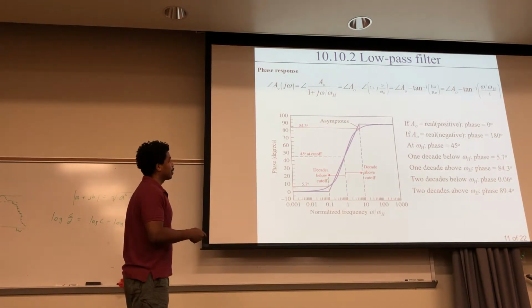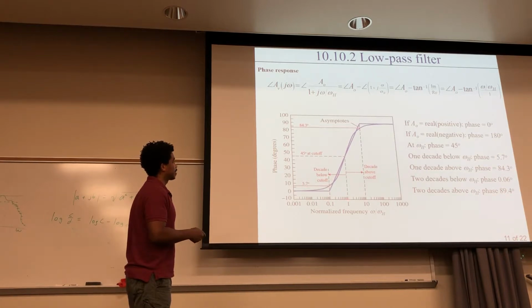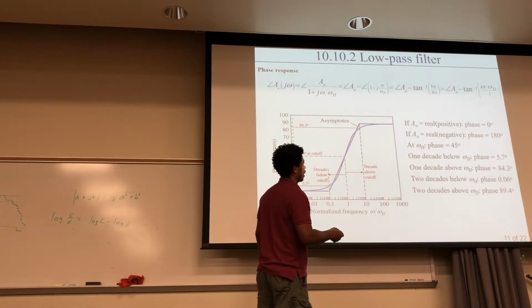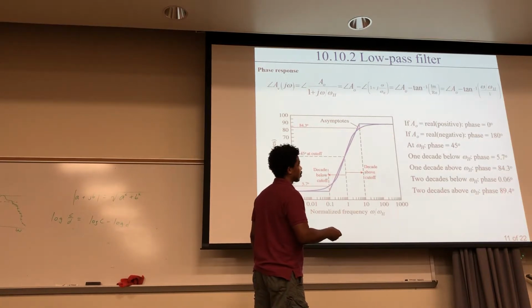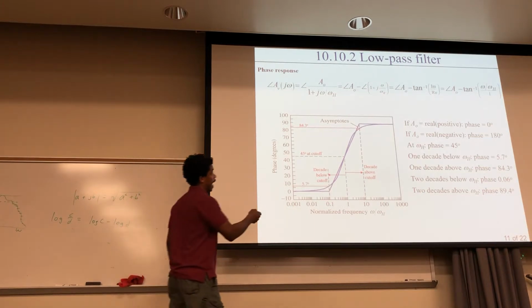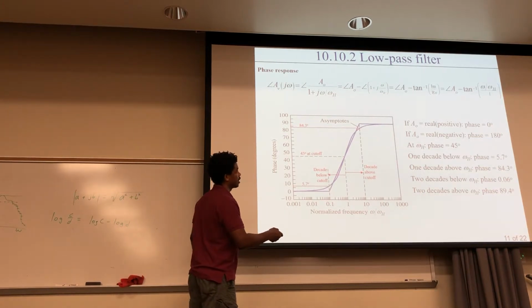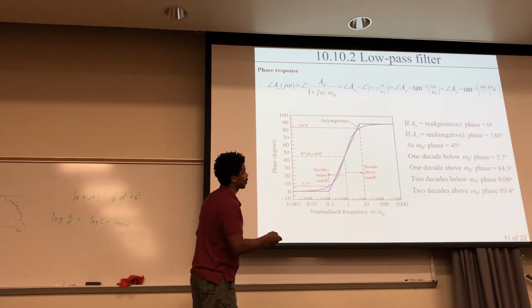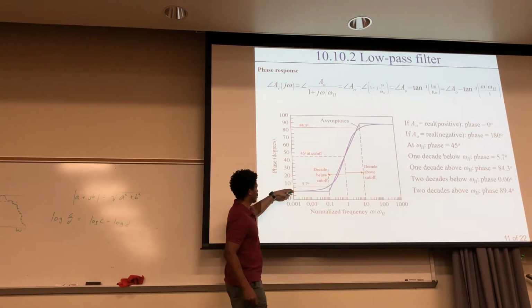If you go 2 decades, 1, 2, then you're looking at 89.4. So it's getting closer and closer to 90, which it asymptotes to. And then 2 decades below this, right here, 1, 2, it's always at like 0.06. So getting closer and closer to 0.